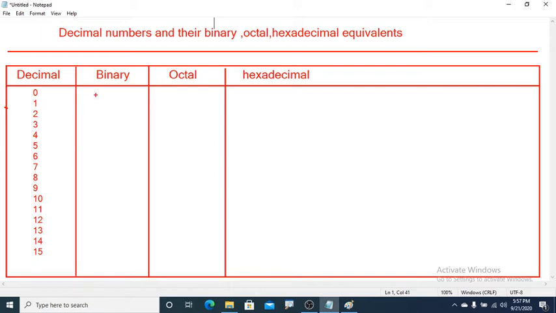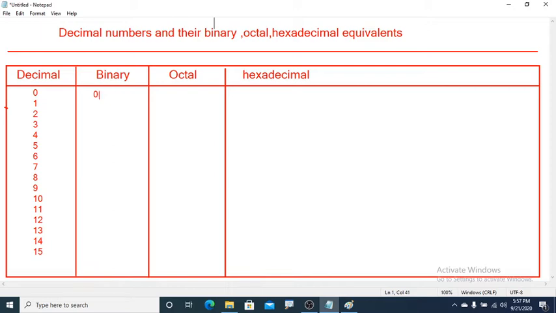Again, binary numbers up to 15. So how can I write these binary numbers? If you write like this, 0, 0, 0, 0, it is very difficult to write all numbers.